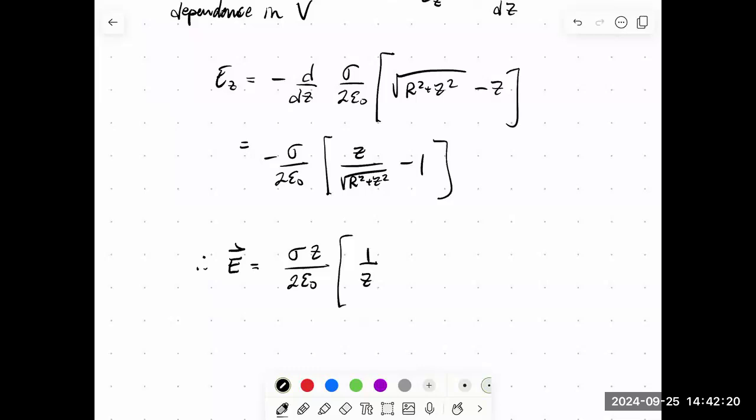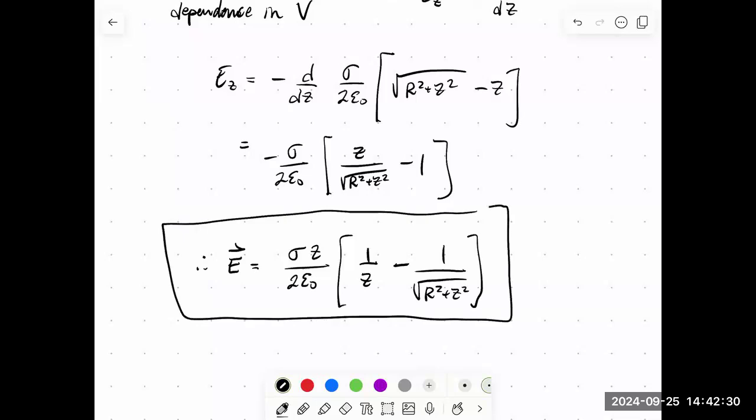So it's 1 over z minus 1 over the square root of r squared plus z squared. And because I wrote it as a vector, I'll put in the direction, which is the z hat direction. This is the electric field above the center of a uniformly charged disk.